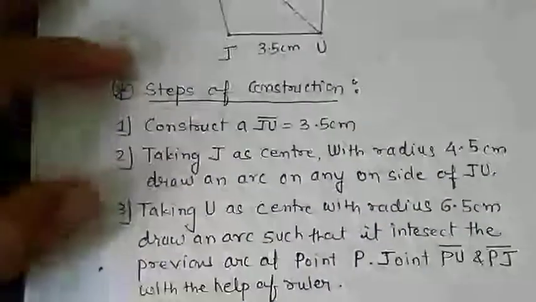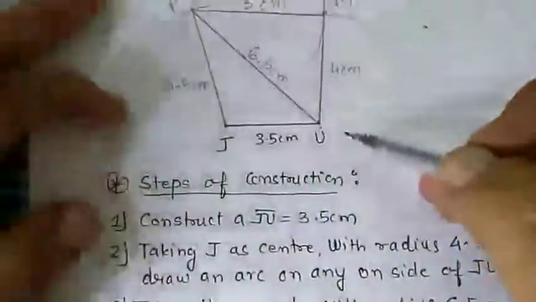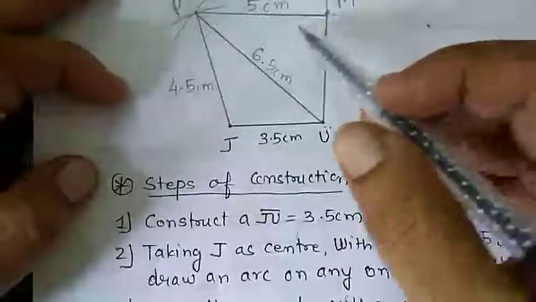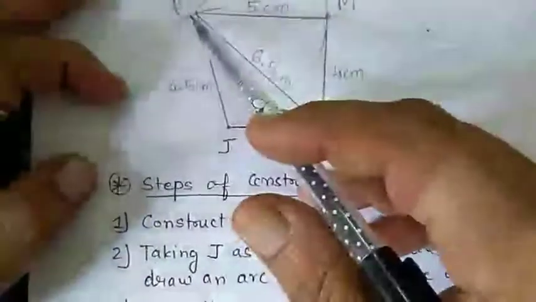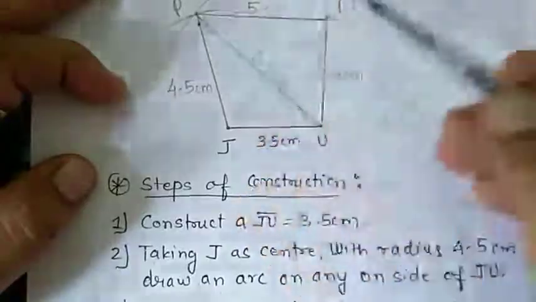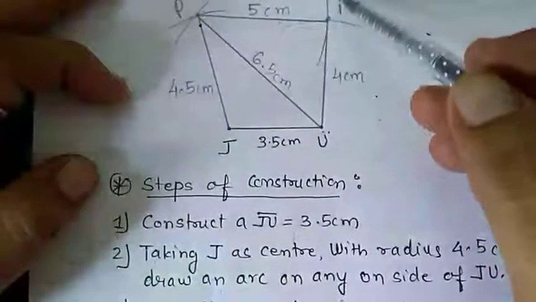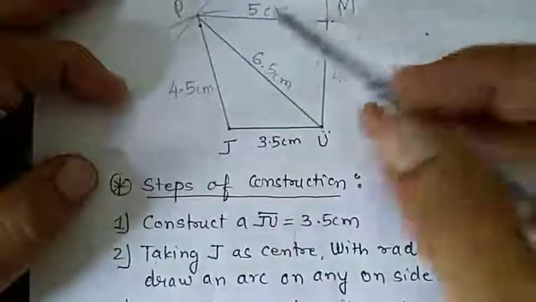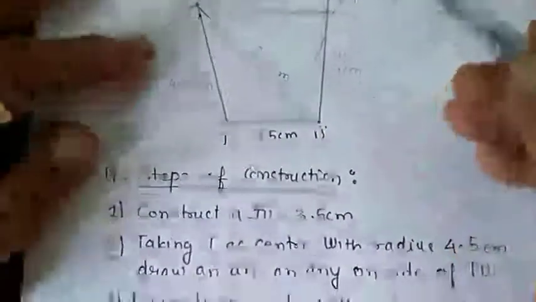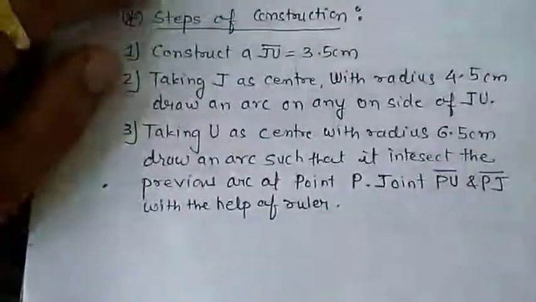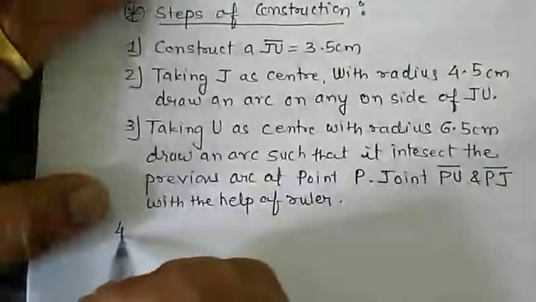Then next what we have done, we have started with U, an arc of 4 centimeter, and from P taking as P a center, and another arc which intersect at point M, and that is the measurement 5 centimeter. So again we will write for that part also.